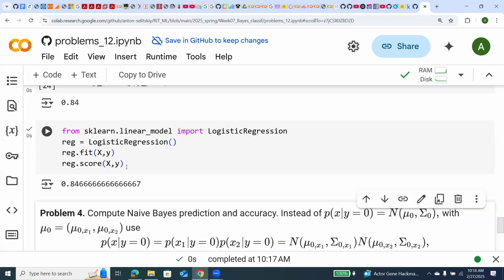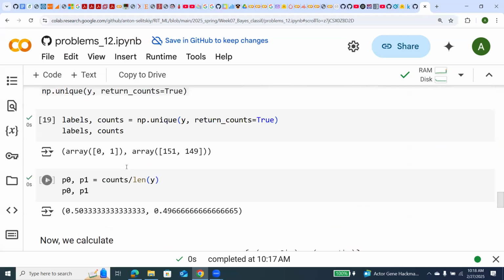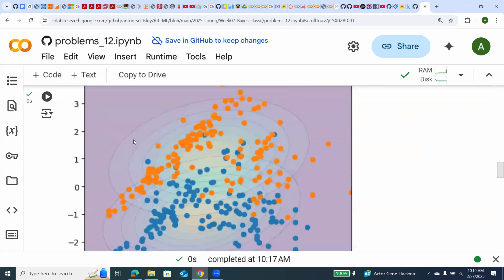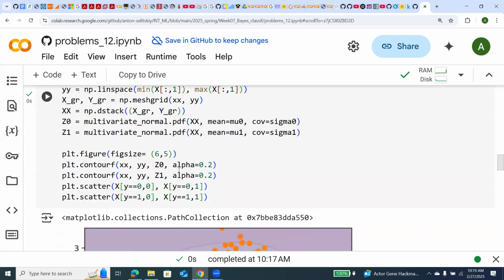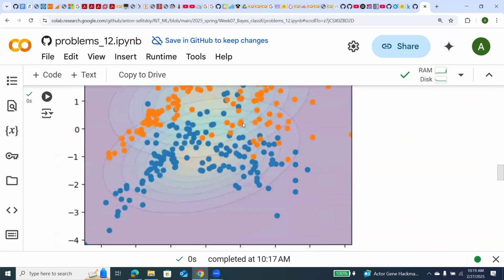In our previous approach, we calculated the covariance matrix using both coordinates x1 and x2.